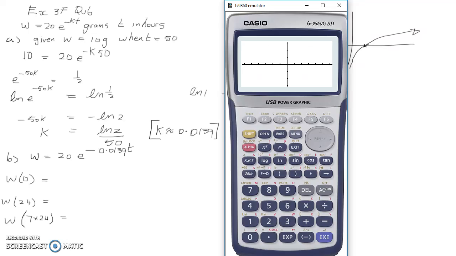Now if we draw it, we may not get a very good function. So if we just think back, we know that when the weight was 10 grams, so that's the y value of 10, the time was 50 hours, and we also know that we're going to work out a time of 7 times 24. So I should have calculated that.